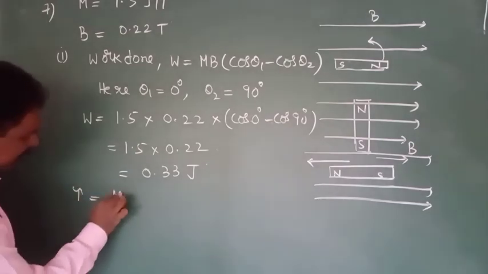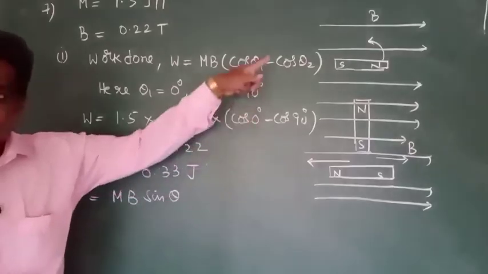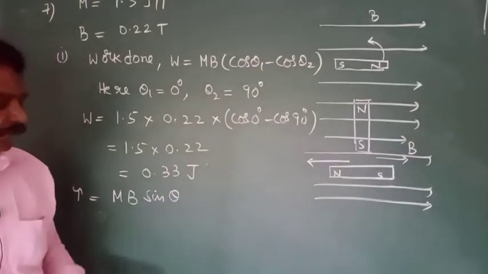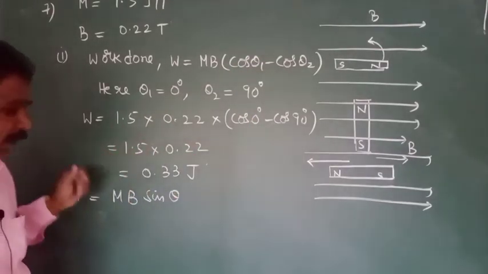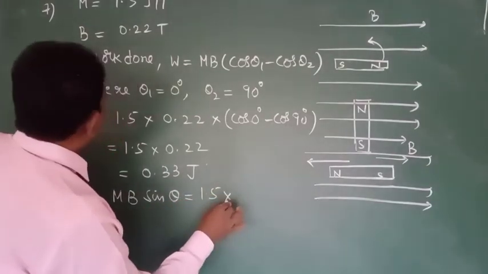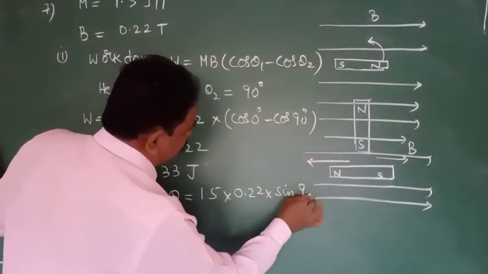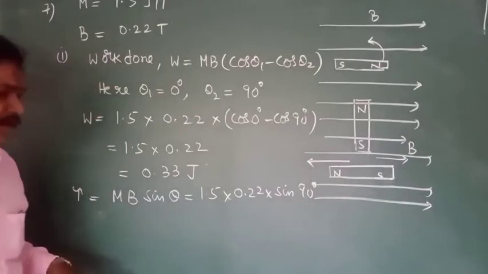What is the torque acting on the magnet? In what position? The magnet is perpendicular to the field. What is the torque acting on the magnet? So this is again 1.5, B value will be 0.22. This will be sine 90 degrees.